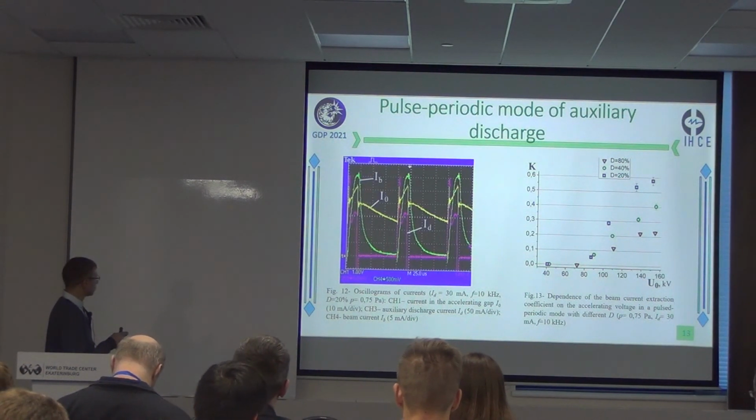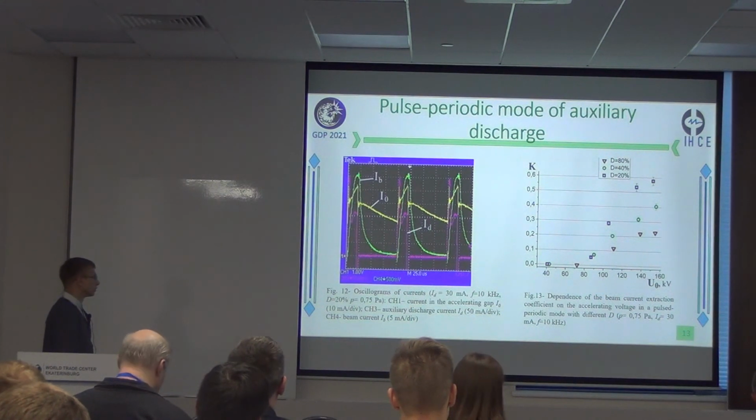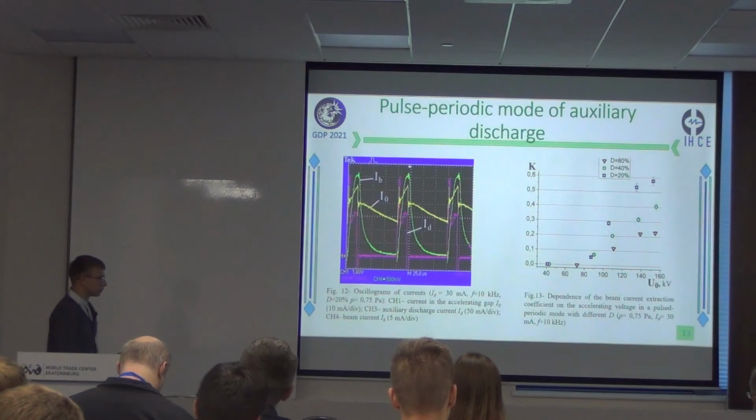In the pulse periodic mode, we stabilized average current, and in this mode the amplitude of discharge increases, and therefore the plasma boundary changes and the ion-electron optical system changes. It's clear that the form of the plasma boundary will be different for DC and for pulse regime. Maybe in the pulse regime the form of plasma boundary is not optimal. That is the reason. In the direct mode, the optical system isn't optimal. Yes, and we improve this system.